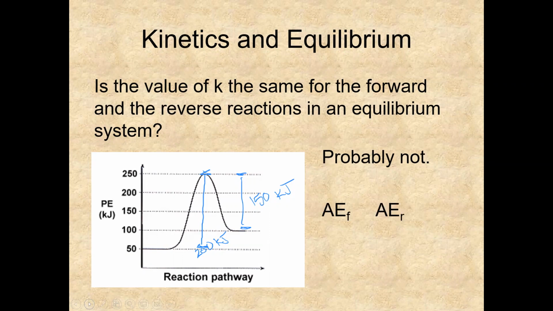Like we said, the activation energy for the forward reaction is larger than the activation energy for the reverse reaction. So what that means in terms of K is that the rate constant for the forward reaction is going to be less than the rate constant for the reverse reaction, because the reverse reaction is occurring faster since it has that lower activation energy.